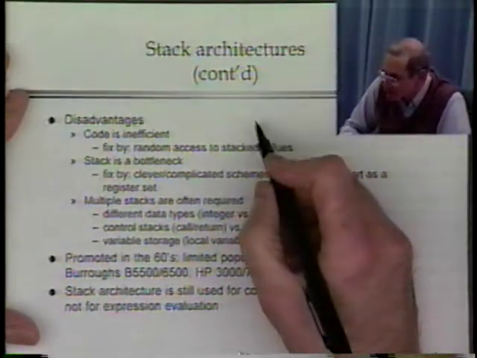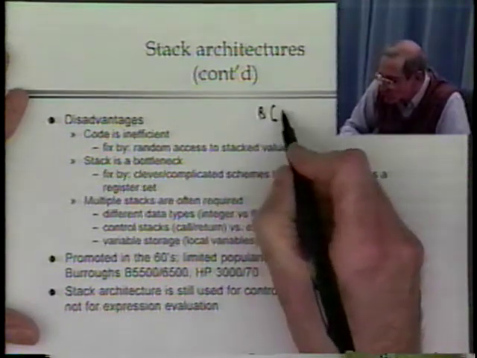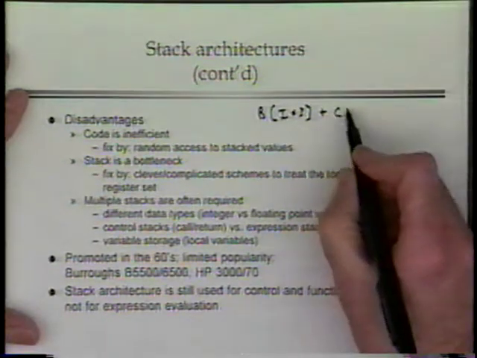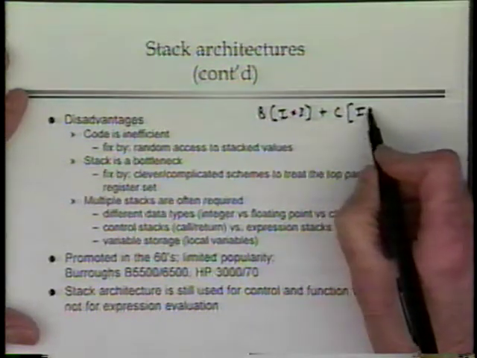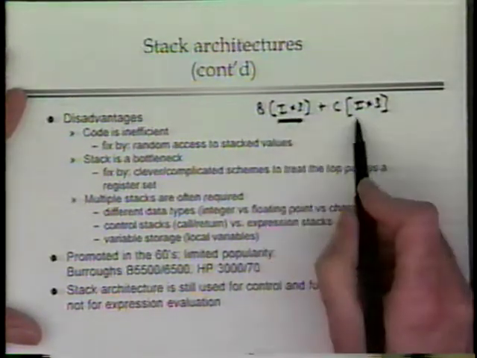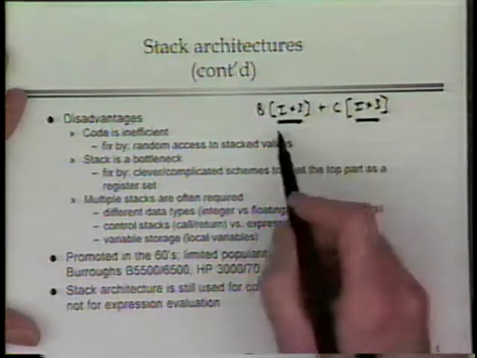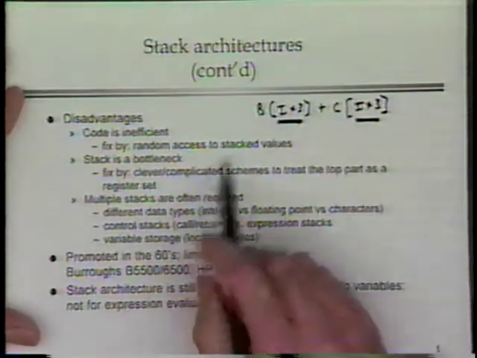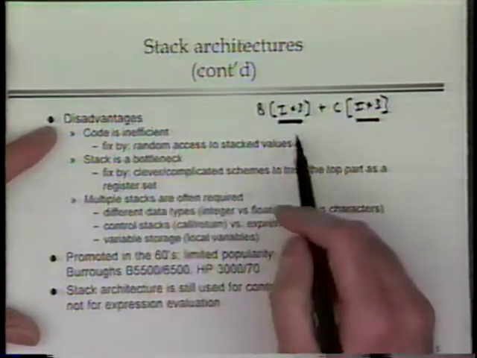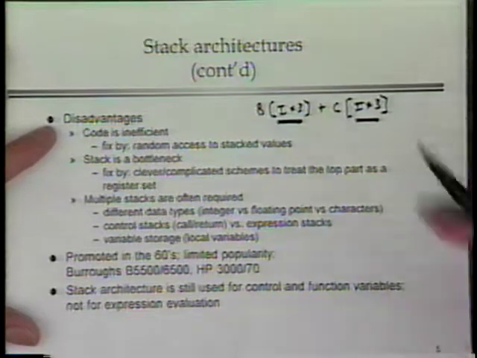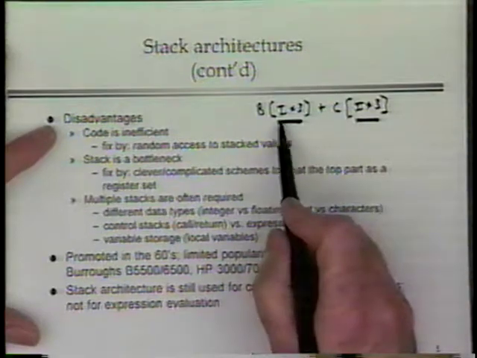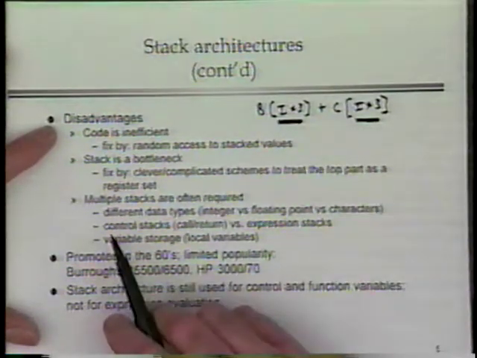If, for example, I had an expression that was an array reference with a subscript like i times 3, and then I'm going to operate on that with another array reference with an identical subscript, it would be nice to be able to compute this i times 3 once, and save it somewhere so that it can be used two different times for the two different array references. Well, there's no convenient way to do that in a stack architecture. You could compute it, store it into memory, and then load it back, but that's a lot of memory traffic and might in fact be more than you saved in doing the computation.